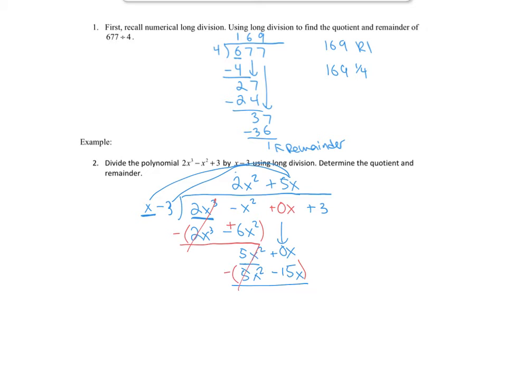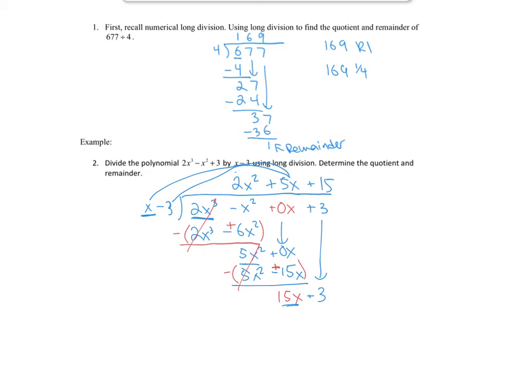And my first term is going to cancel. When I distribute my negative, this one becomes a positive 15x. And 0 plus 15x is 15x. Now I bring down my 3 and divide again. x goes into 15x 15 times, or I would multiply x by 15 to get 15x.